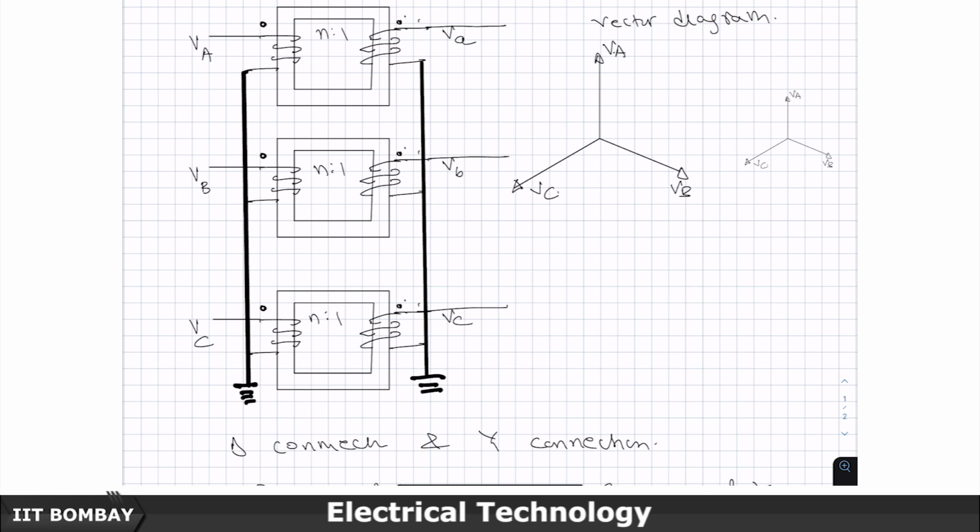So, what I am saying is now because I have taken it as a step down transformer, this will be your V A, V B and V C, and the turns ratio is n is to 1. So, V a will be equal to V A by n, V b will be equal to V B by n, and V c will be V C by n, and the inverse relationship will be applicable.